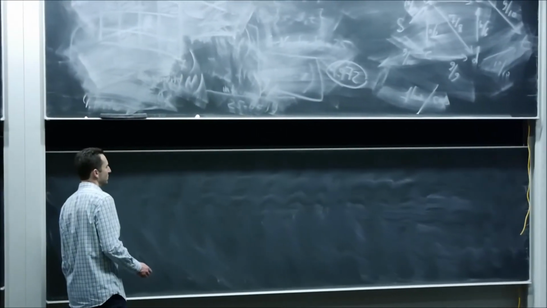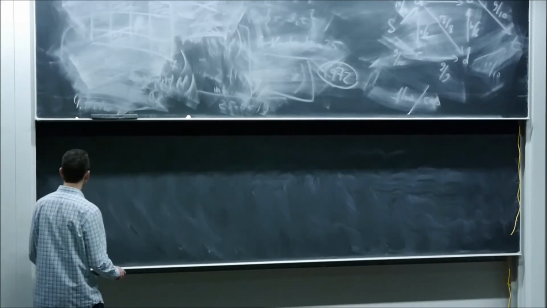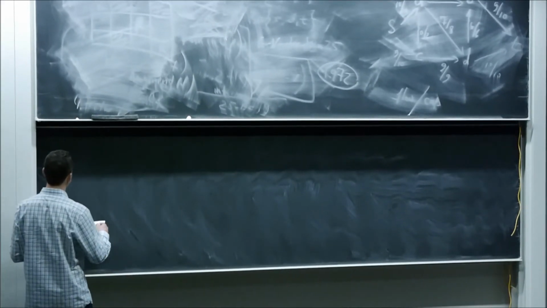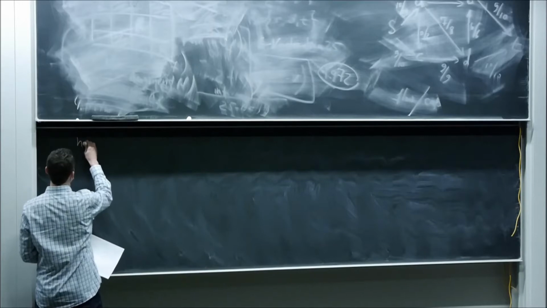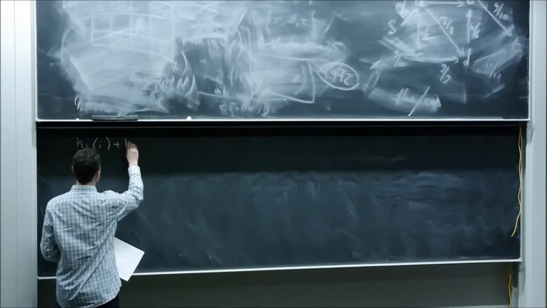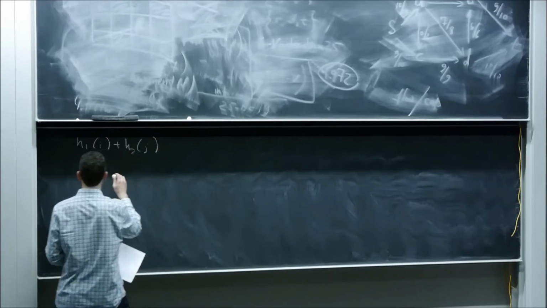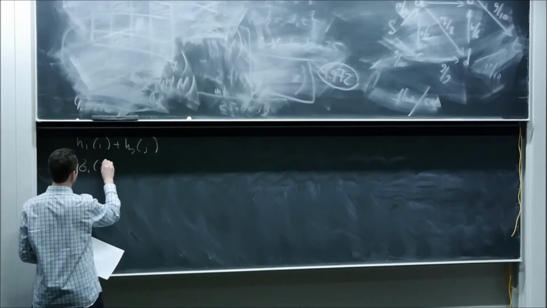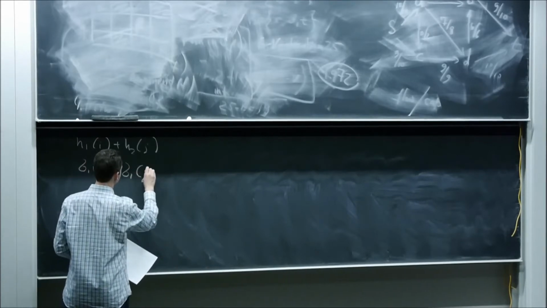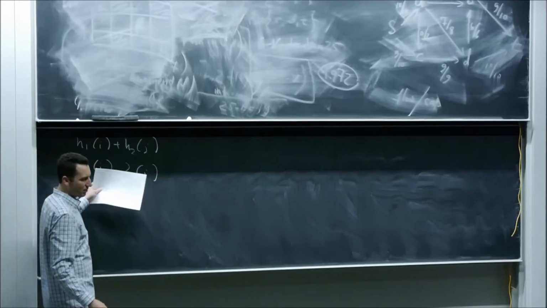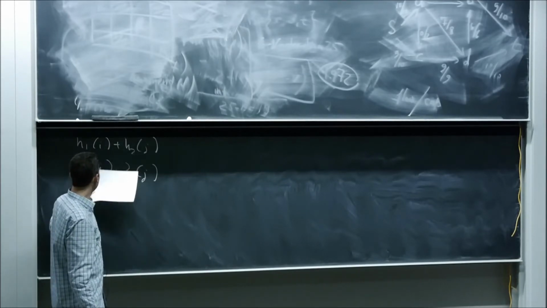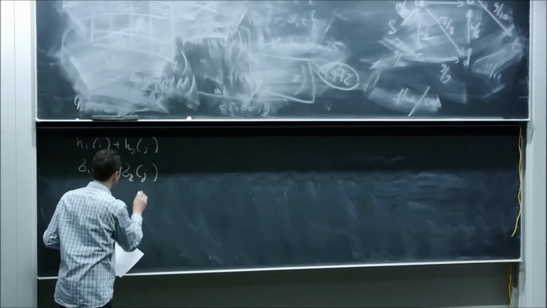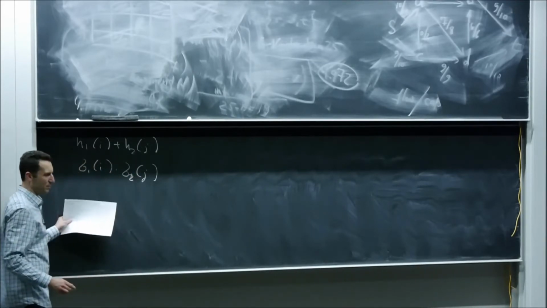So, next thing. What I need now is to get a few properties for hash functions. Basically, I'm going to show that hash 1 of i plus hash 2 of j, and furthermore, sigma 1 of i times sigma 2 of j, are pairwise independent hash functions if the original hash functions h1 and h2, likewise sigma 1 and sigma 2, were pairwise independent to begin with.